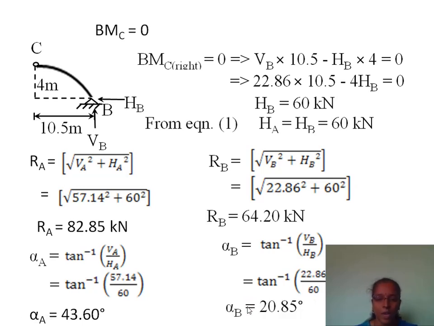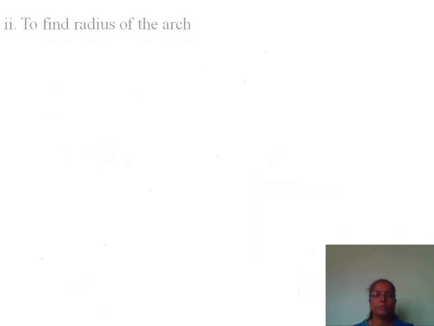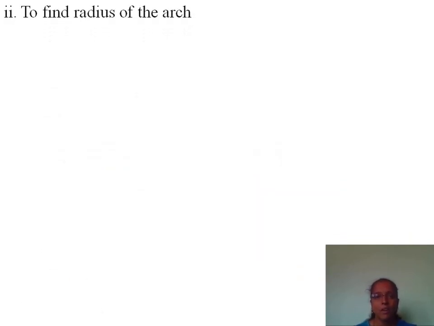Therefore alpha B is equal to 20.85 degrees. That is the first step, the calculation of reactions. Next we will find the radius of the arch. We have already discussed that the radius of the arch is calculated by L square by 8h plus h by 2.